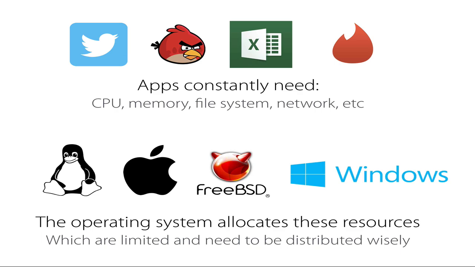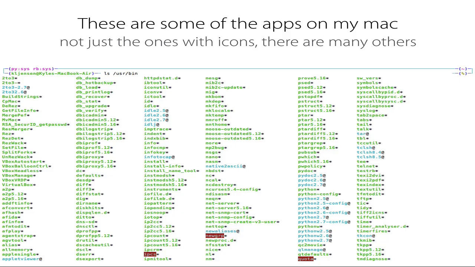Now, I showed you some apps that you're probably familiar with, but these are just some of the apps. For example, on my Mac, there are many other applications which you probably never see that don't have, for example, icons. This is some of the applications that live on my Mac in the user bin directory. There's things like tar, which makes a little archive of files, and there's what else is here?